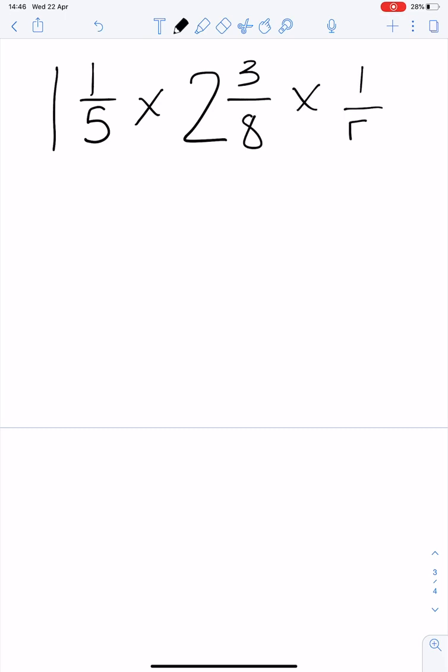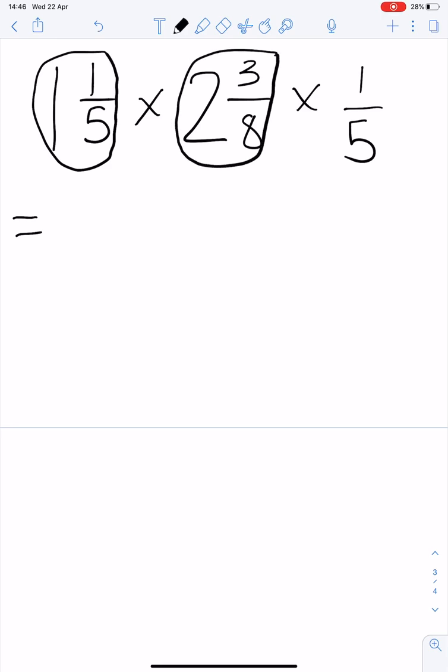Example 6 gives us 3 fractions. 1 and 1/5 times by 2 and 3/8 times by 1/5. I think you're realizing by now that multiplication of fractions is far easier than addition and subtraction. Before we even begin, we have to change our mixed numbers into improper fractions. 5 times 1 is 5, plus 1 is 6. 8 times 2 is 16, plus 3 is 19.